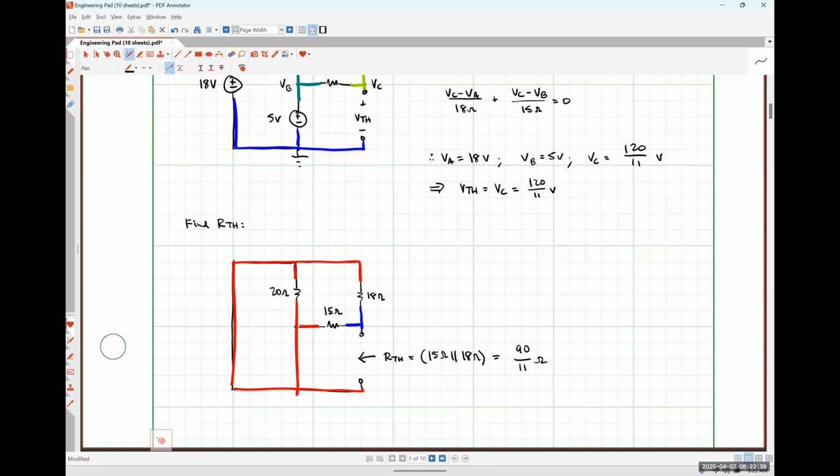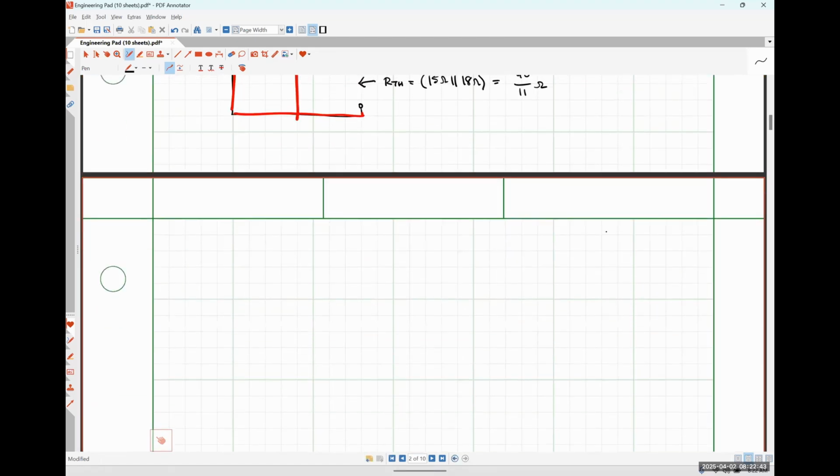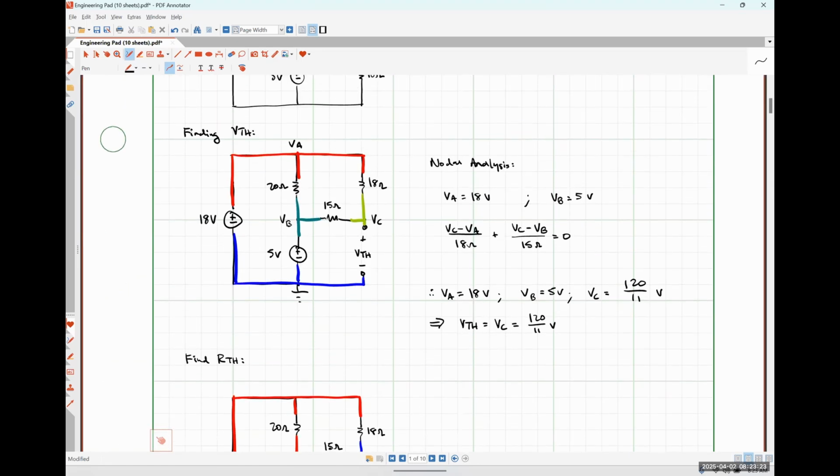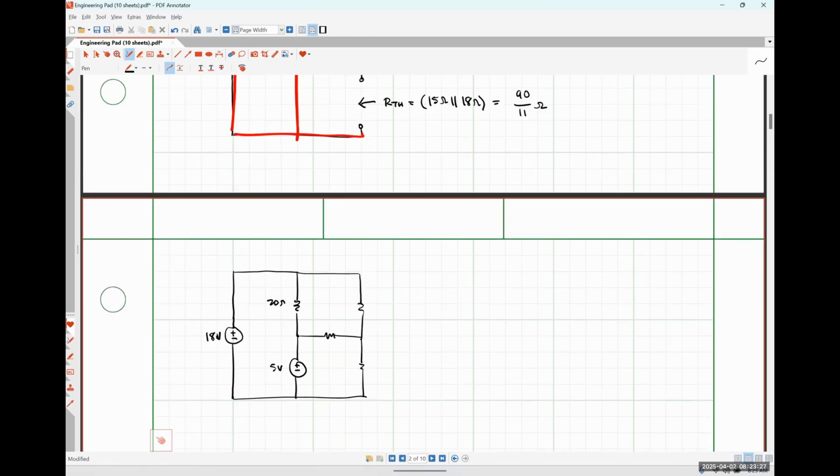All right. So essentially what we have just determined is that this circuit right here, sorry, I can't remember the resistor values, 20, 18, 15, and 10, is electrically equivalent to this circuit.